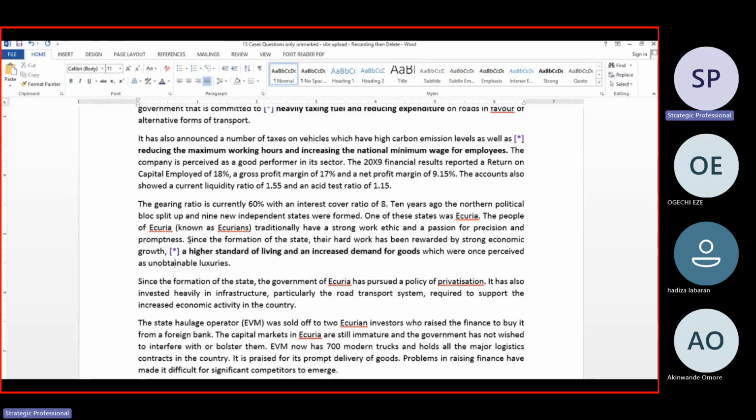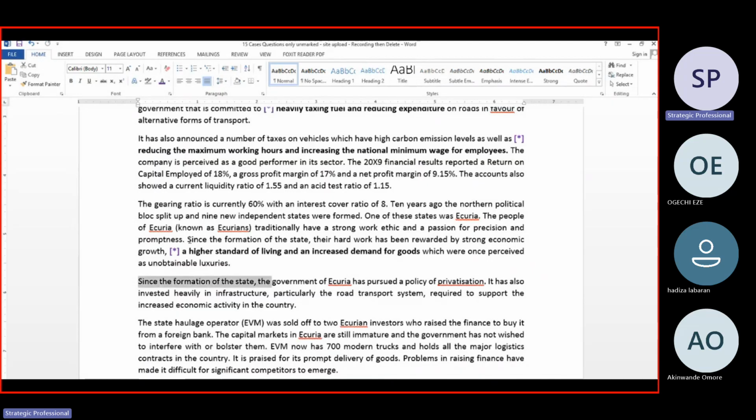So they tell about another country which has now achieved independence, and because of the independence their country is growing much faster, and because of that there's a high standard of living and increased demand for goods. Any increased demand for goods usually reflects increased transportation also. So our company Swift is in the transportation sector itself. So first they are just telling about that country.